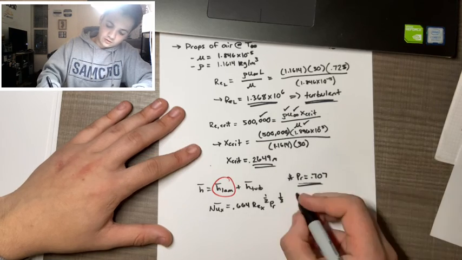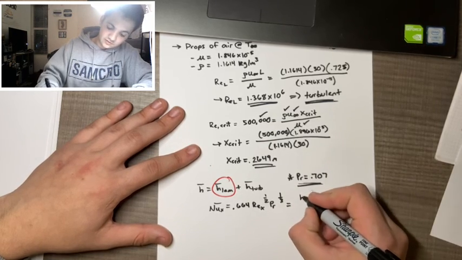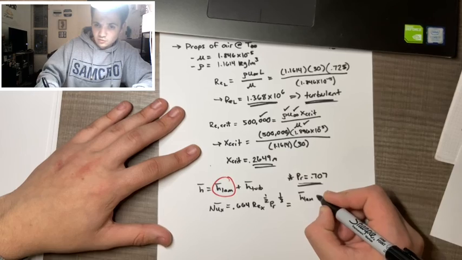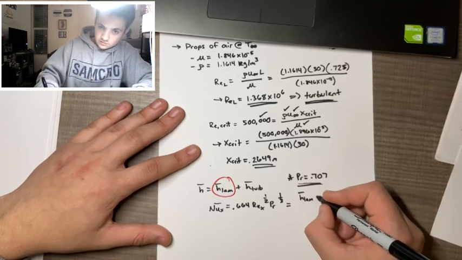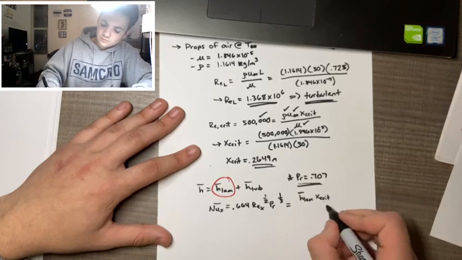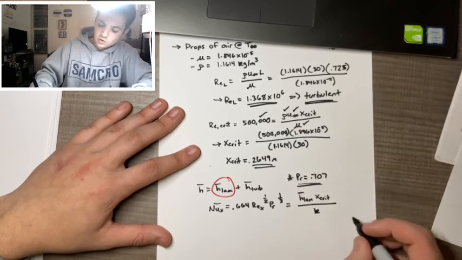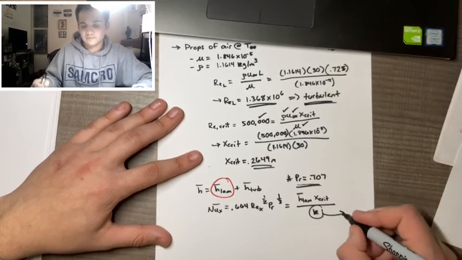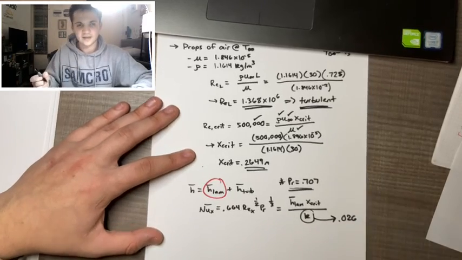That also equals h bar laminar times x crit over k. And k from the table is 0.026 watts per meter Kelvin.